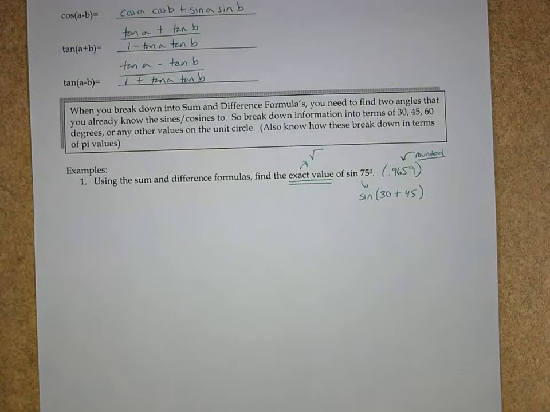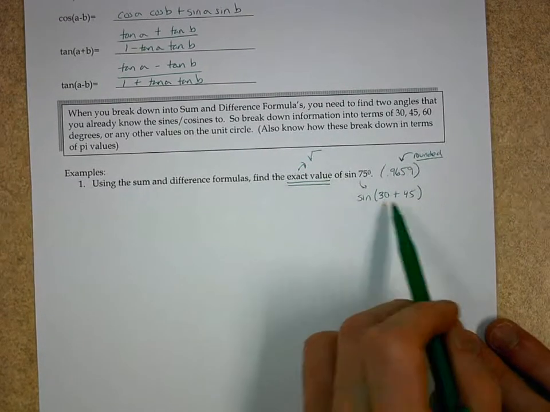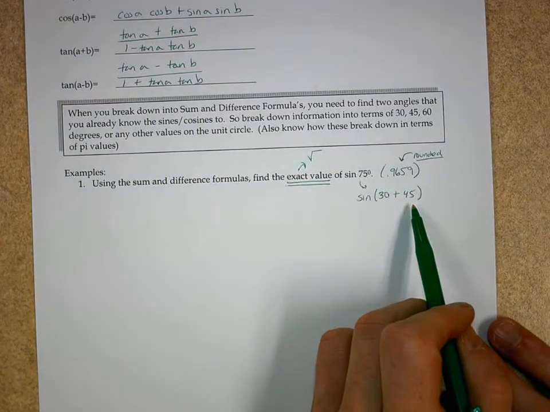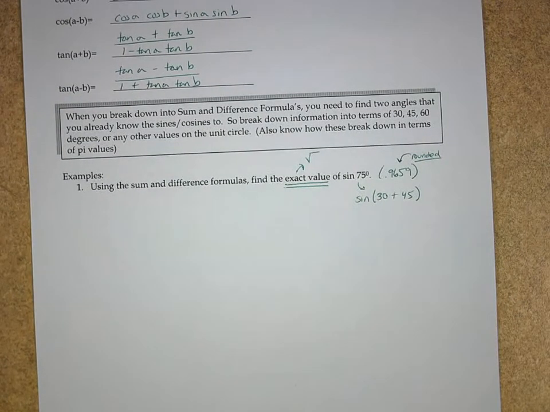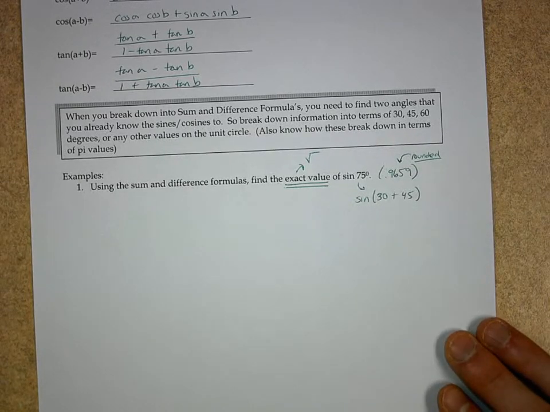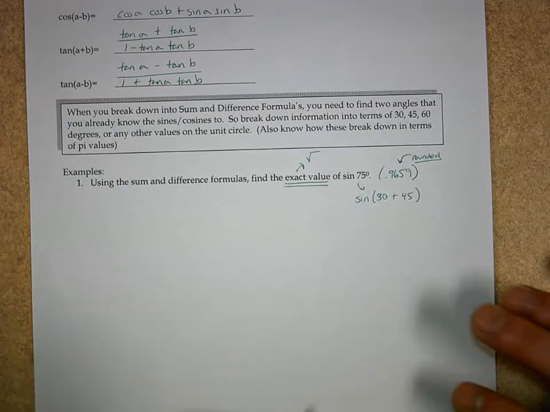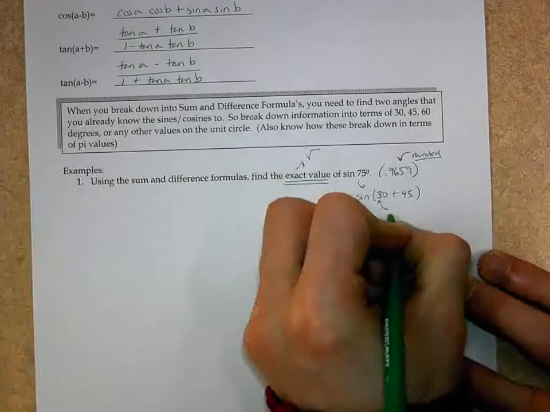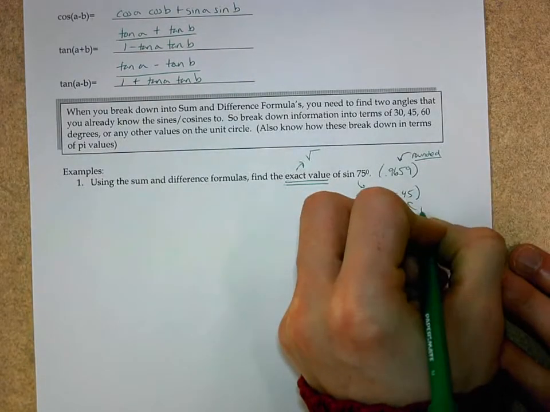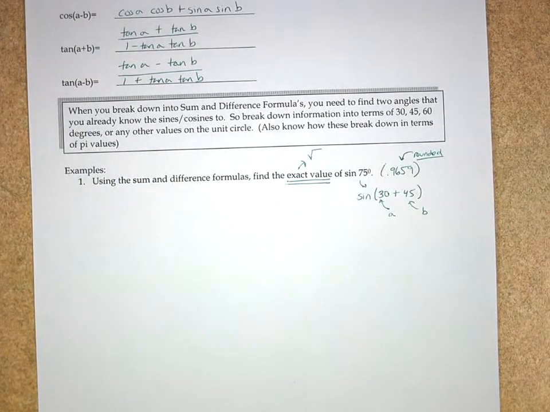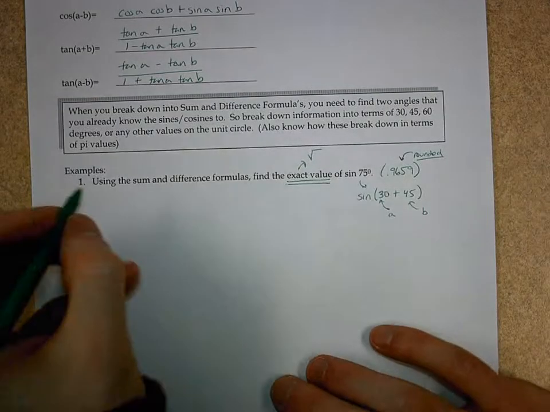So I'm going to break down my angle measurement into two values that I know from the unit circle. If I knew, say, 31 and 44, I could use that as well, or any other two angles that add up to be 75. But since 30 and 45 are on the unit circle, those are the values that I would choose. So here, A is going to be equal to 30, and B is going to be equal to 45.